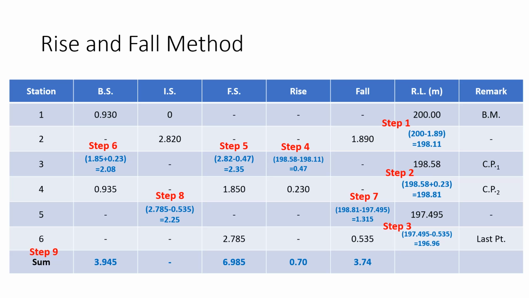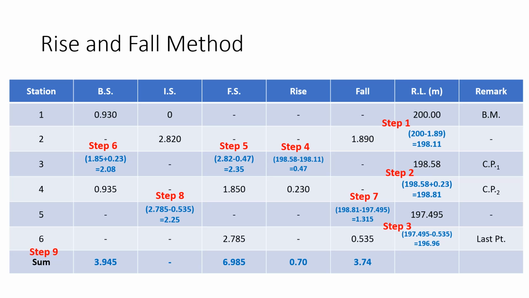How about the BS? Yes, for the BS you use the foresight plus the rise so that you can get the BS for the third station. Subsequently, for the fall and the IS, I believe now you know how to use it. But don't forget, there's one last step you need to remember, which is the sum.